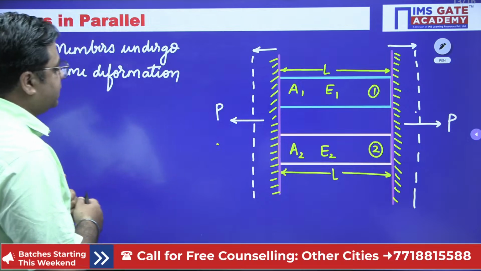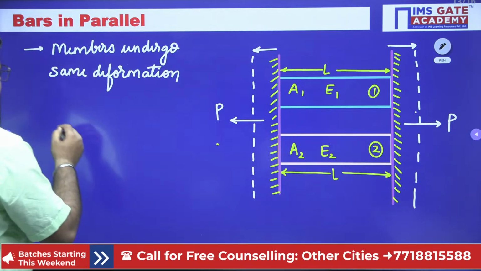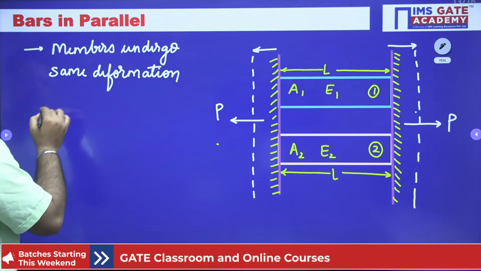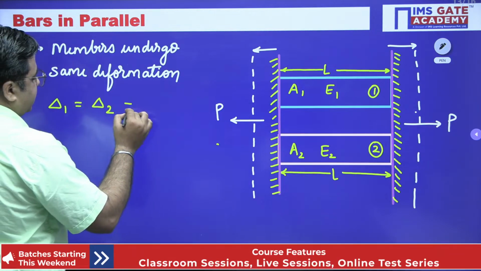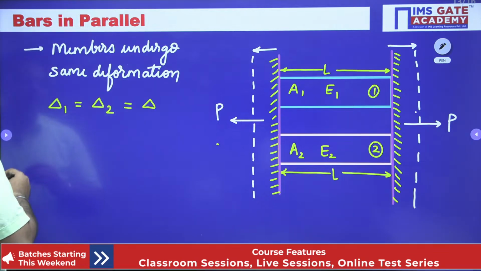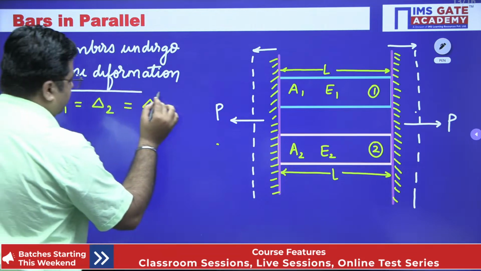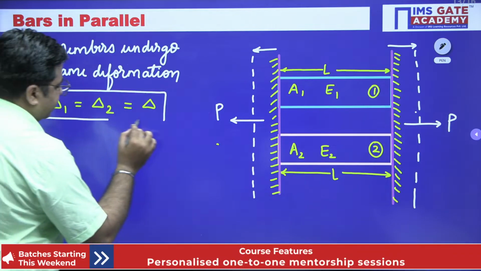That is, delta 1 is equal to delta 2. They will undergo the same deformation.